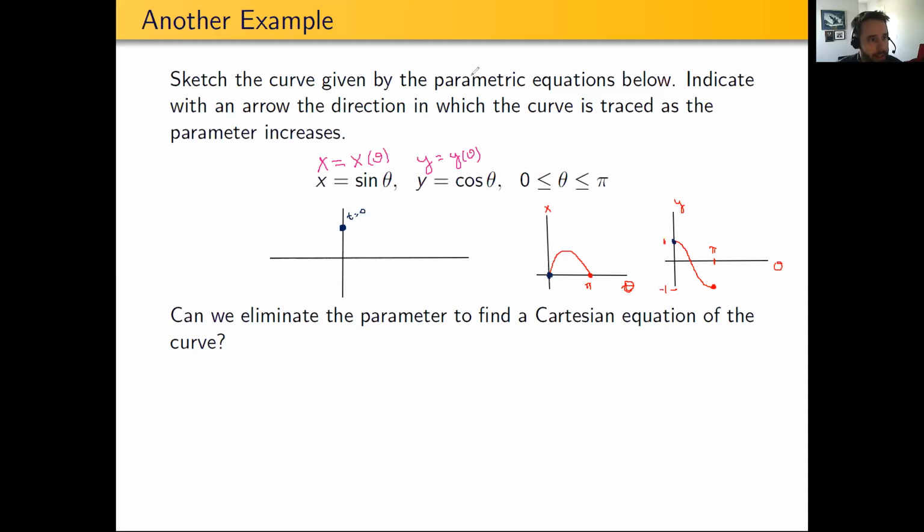As I go forward in time, the next moment in time I might want to look at is let's say this point right here. My x value has increased a fair bit, and my y value has decreased just a tiny bit. So my x value is much larger than it used to be, while my y value has decreased slightly.